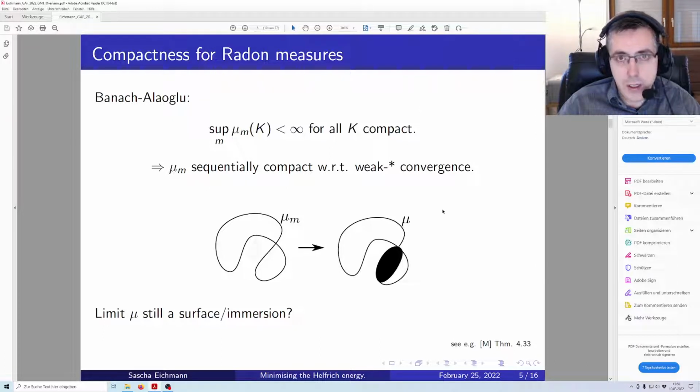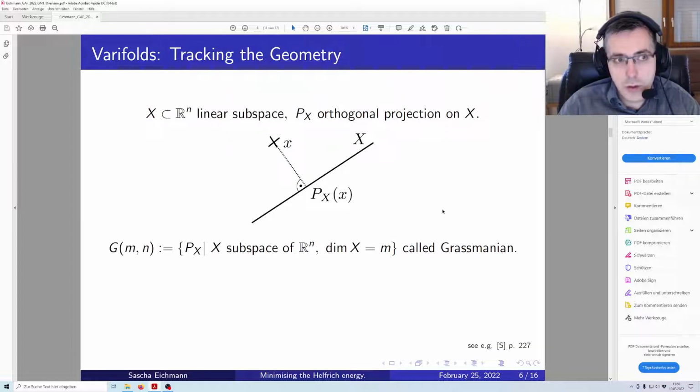And for this, I'd like to define what a general varifold is. To define that, we need to define what the Grassmannian is. The Grassmannian is essentially the set of all subspaces of a given dimension. How do you define this in a good sense?